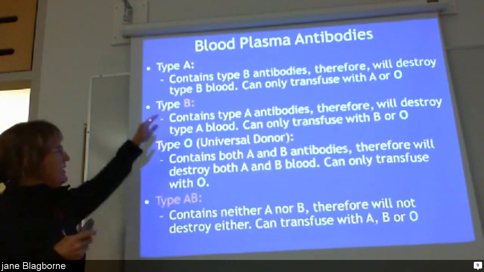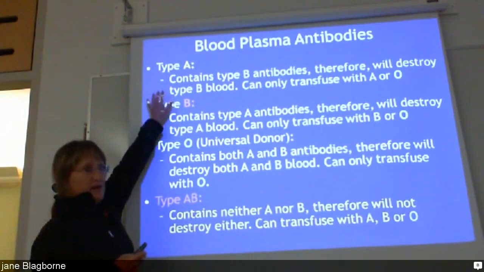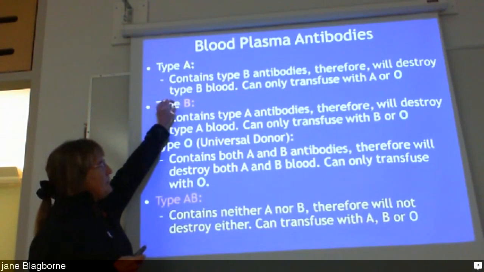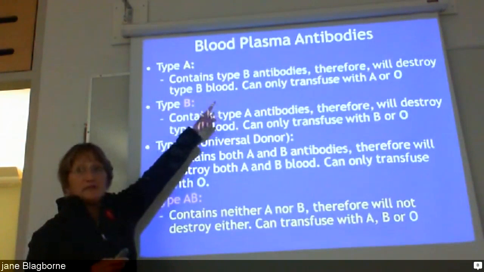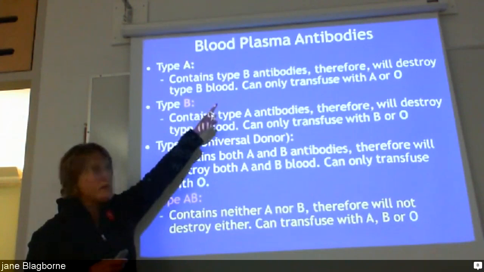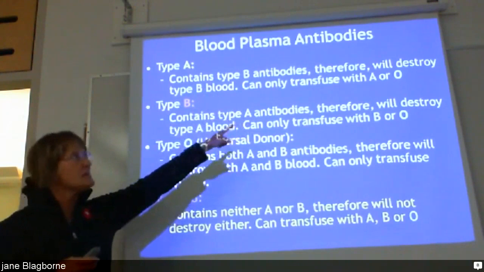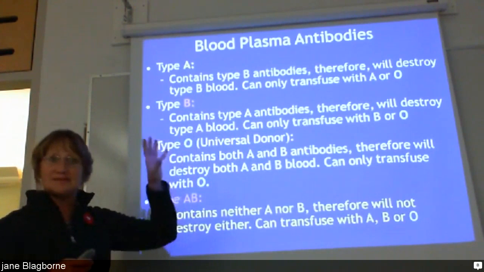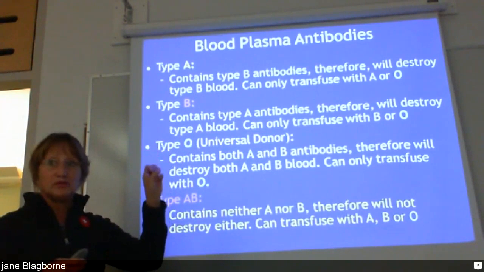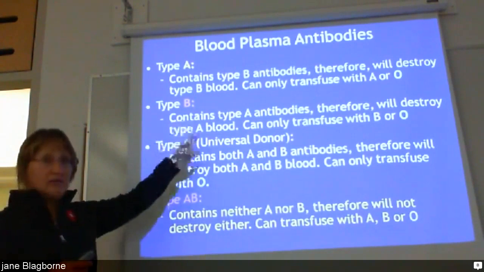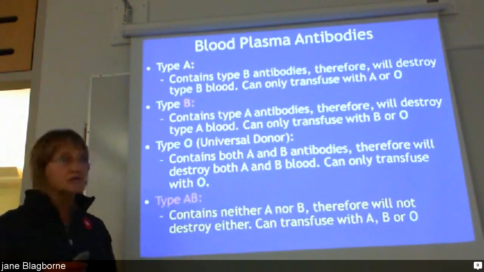That's why the A type is an antigen. But if you introduce B, if you cross-match this person with the wrong type of blood and you gave them a B, they would create antibodies. And what would happen after that is the red cells would all clump together. You can actually kill somebody by mismatched, cross-matched blood.